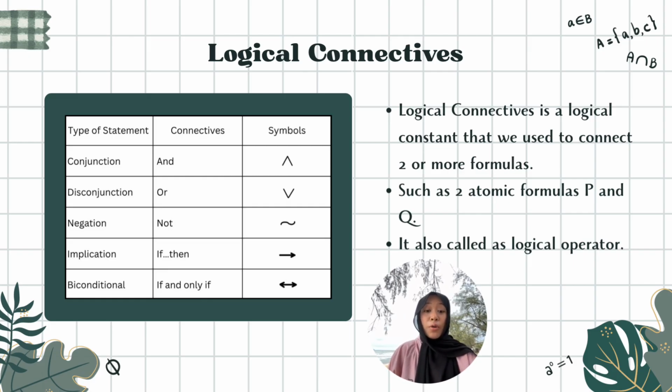Disjunction, "or" with a symbol like this. Negation, "not", with a symbol like this. And implication, "if, then", with a symbol of an arrow. And the last one is biconditional, "if and only if", with a symbol of a double arrow.